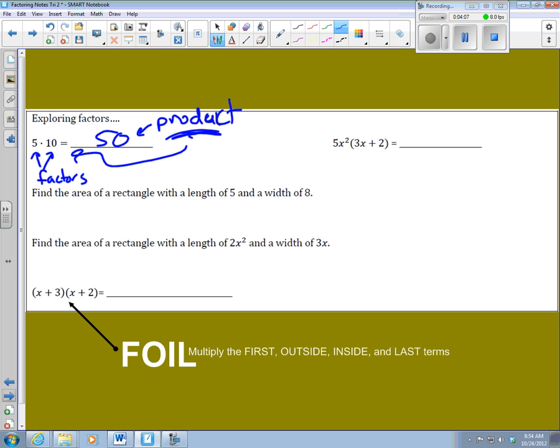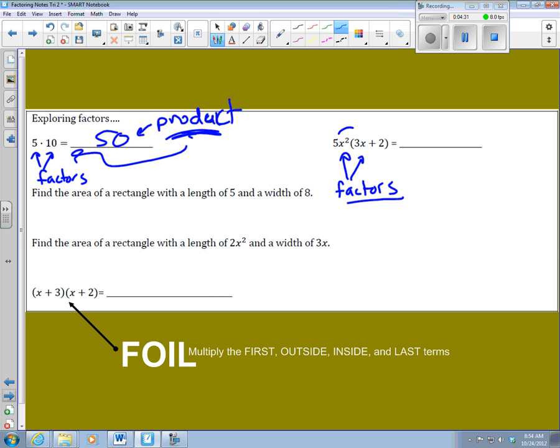We're going to be getting into problems like this where when we factor something, this is what our factors look like right here. Finding a product or simplifying something is the opposite of factoring. Factoring is the working backwards part.